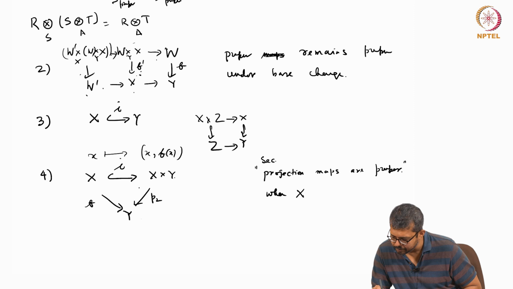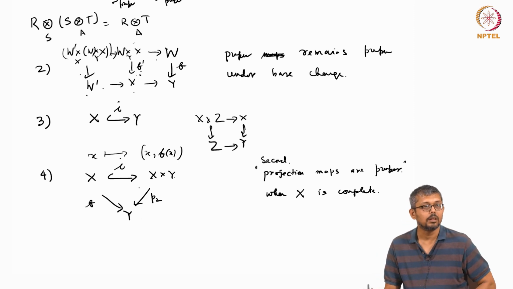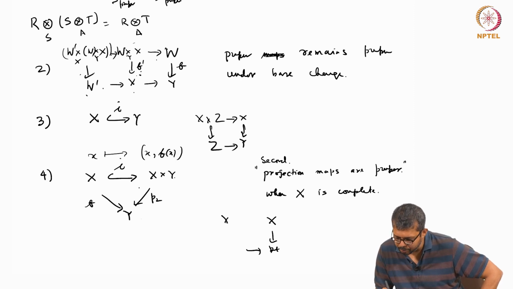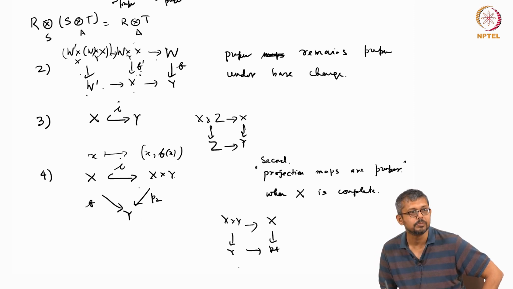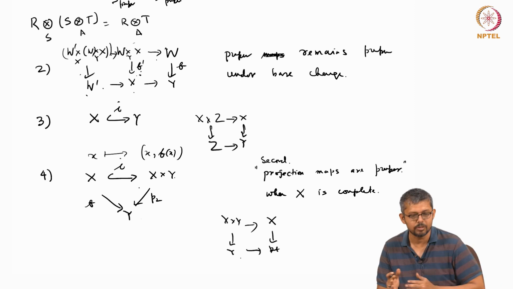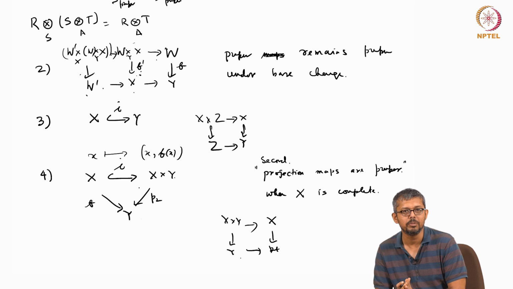The second projection, when x is complete. Because this follows, because x is complete means x to point is universally closed. So that means that x cross y to y, this map is closed. Now a closed map under base change will again be a closed map.